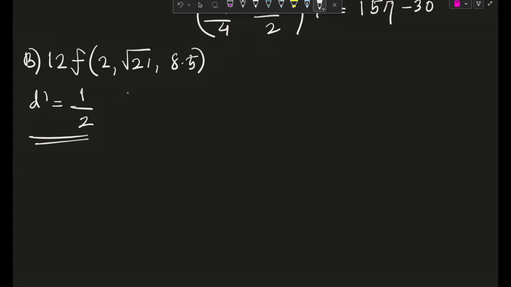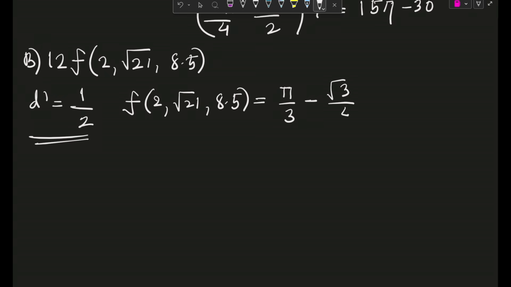So f of 2, root 21, 8.5 would be equal to cos inverse 1 half, so pi by 3, minus d dash, which is half, times root of 1 minus d dash square, so root 3 by 2 into half, that means root 3 by 4. And obviously this was multiplied by 15. So this becomes 5 pi minus 15 root 3 by 4.